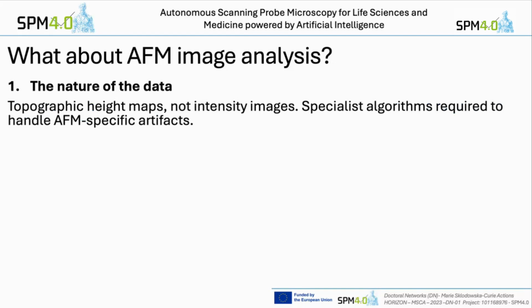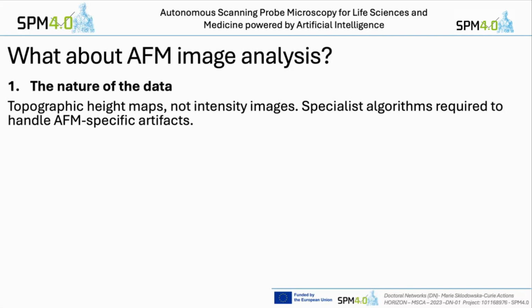It's not just an intensity image, not just pixel values of intensity, it's actually a topographic height map. So in the case of a normal topographic AFM image, you also get all of this 3D information. And then you add on top of that, when you're taking full scale data, you've also got all of that information as well. So it's really, really rich data.